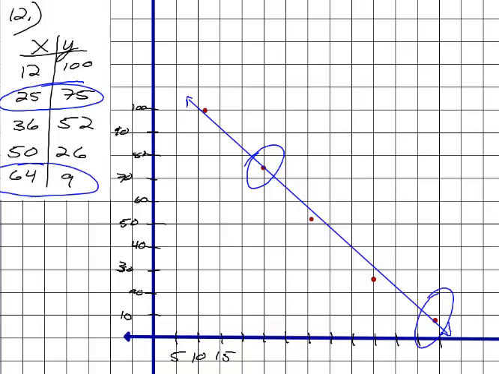No? Maybe? All right. So now that I have my line of best fit and I have the 2 points that made that line, I'm going to come over here and find the equation. So I need 25, 75. And what was that? 64, 9? Okay, so if I give you 2 points, how do I find the equation of the line? What's the first thing I need to find? It's slope, so I'm going to use slope formula.